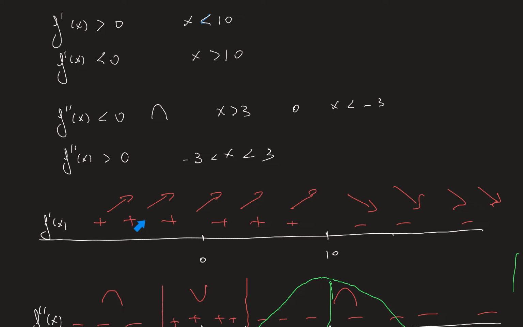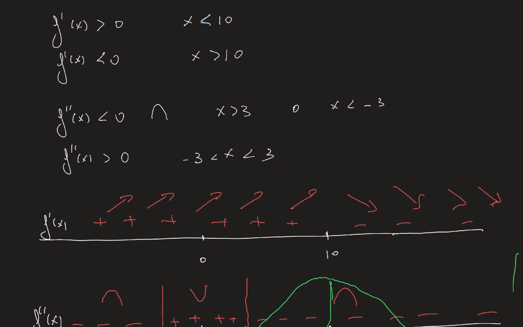It's positive to the left of x equal 10, and it's negative on the right side of x equal 10. So for x bigger than 10, it's negative. It means that the function is increasing, and after x equal 10 it is decreasing.